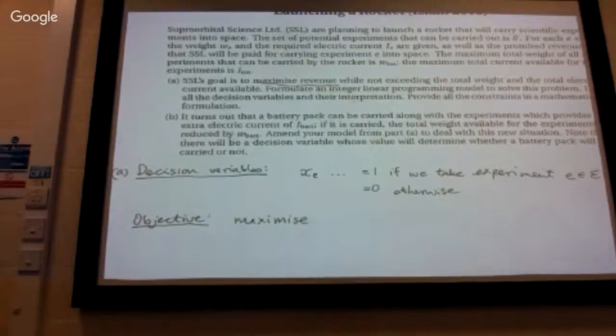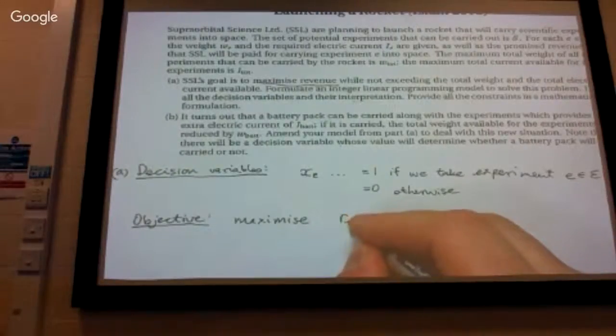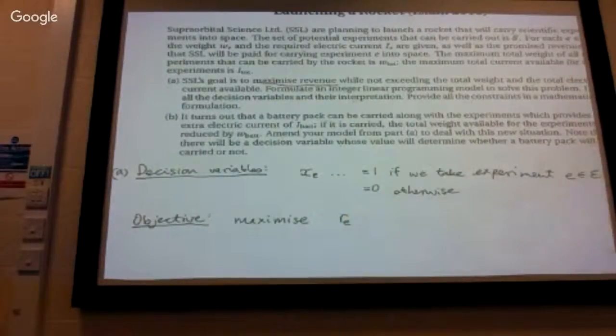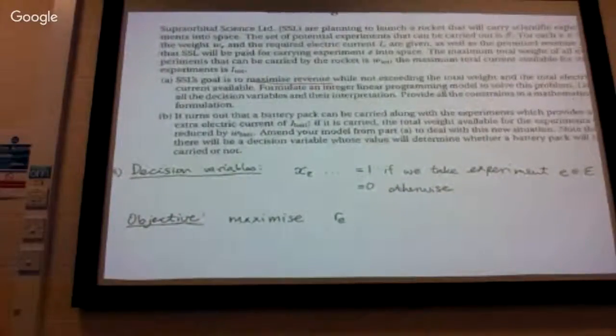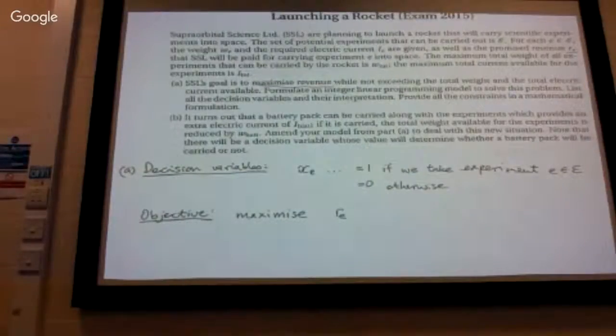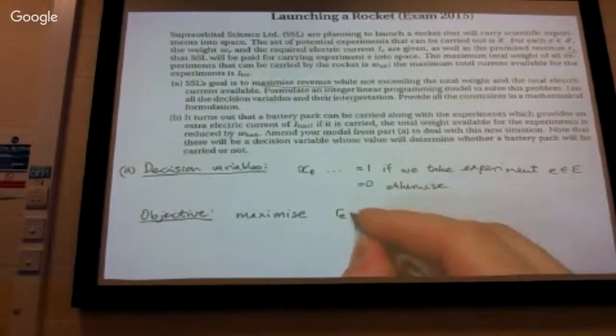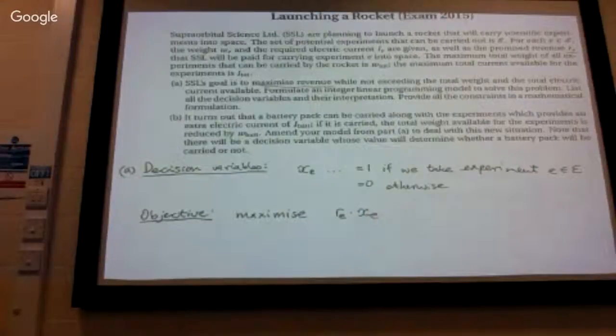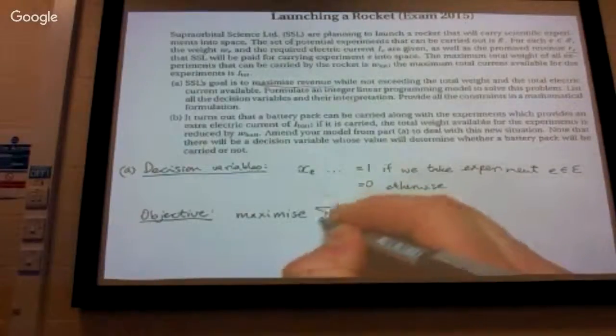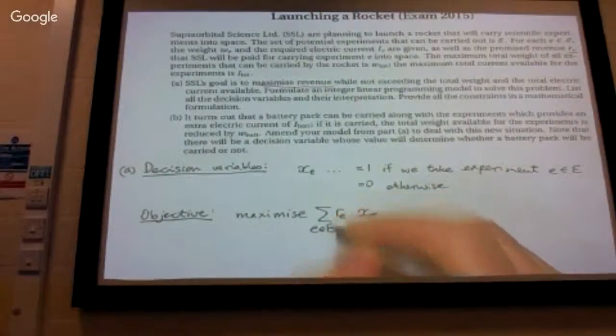Every single experiment has revenue R_E. You count it if you're doing the experiment, and you count 0 if you're not doing the experiment, and you just have to add them all up. So that's the objective.